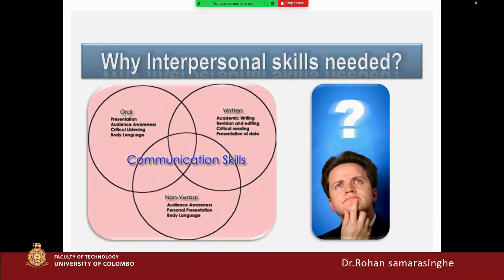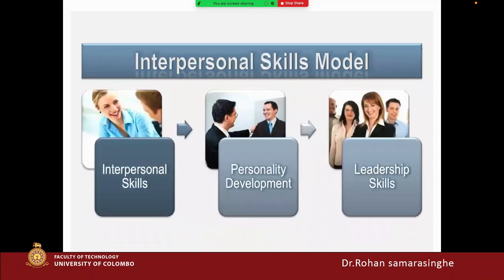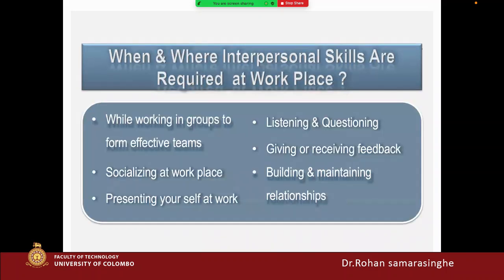But regardless of that, unless you like to give the recommendation, you can directly tell him, I don't like to lose you from our company, so I can't give the recommendation. So interpersonal skills, personality development, and leadership skills, these three are very, very important for developing interpersonal skill.